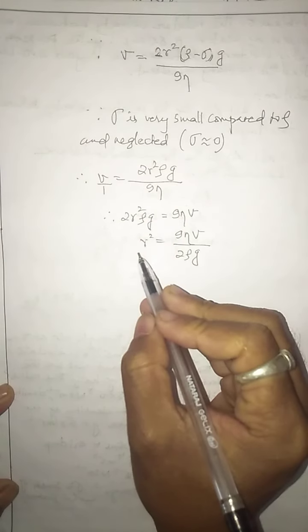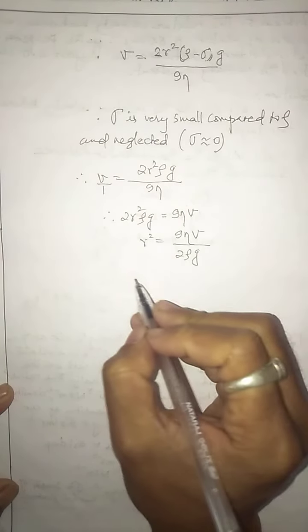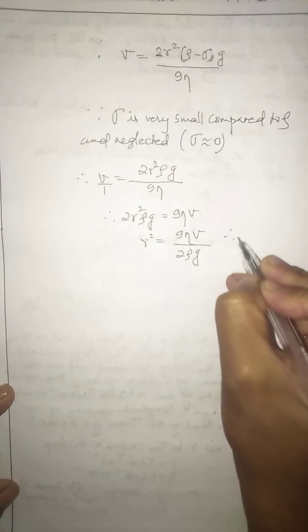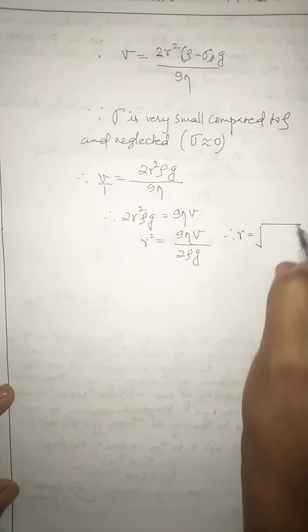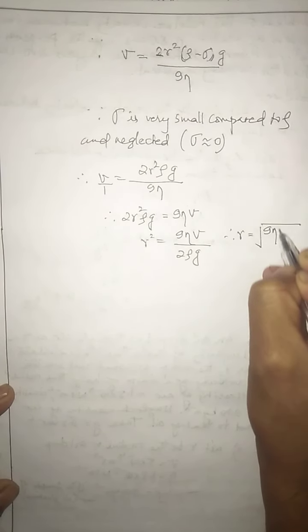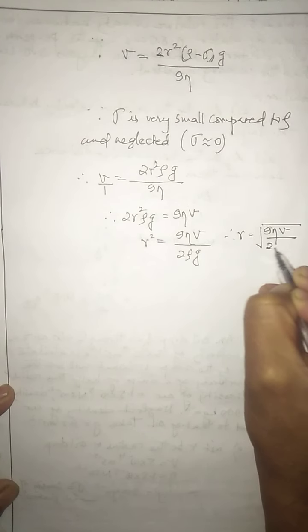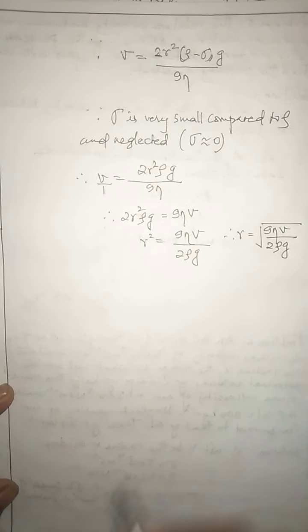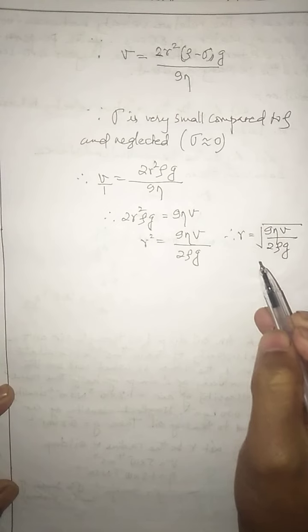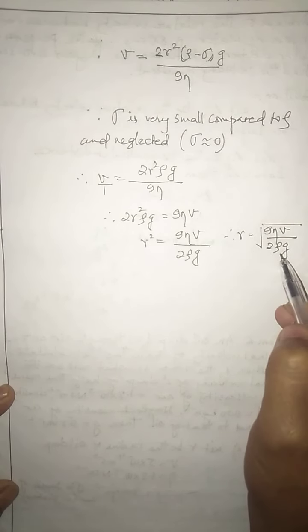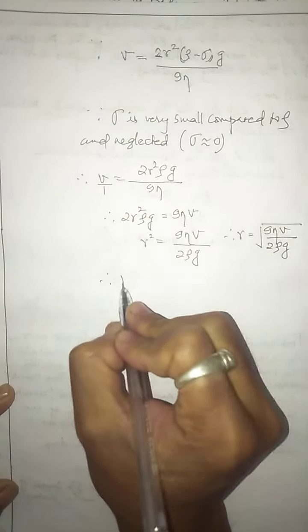So to make r the subject, on the other side you have to take the square root. So I write down therefore r equals square root of 9 eta v by 2 rho g. Okay. So now we can calculate the value by substituting the values of eta, v, rho and g. So let me calculate.